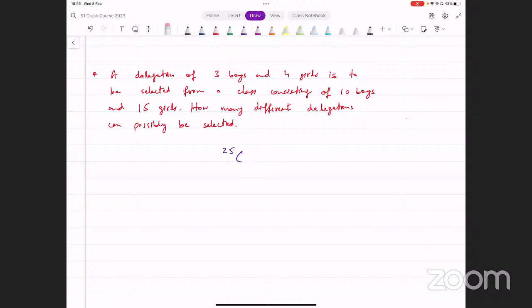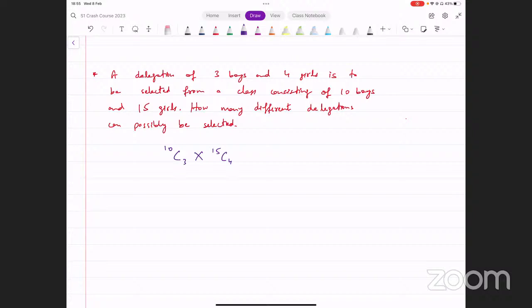What you do instead in such cases is you say, there are 10 boys. Out of those 10 boys, you want to select 3 boys. That means you have 10C3 for that. And basic counting principle, remember? You multiply with what? You need to select 4 out of 15 girls. So that's 15C4.